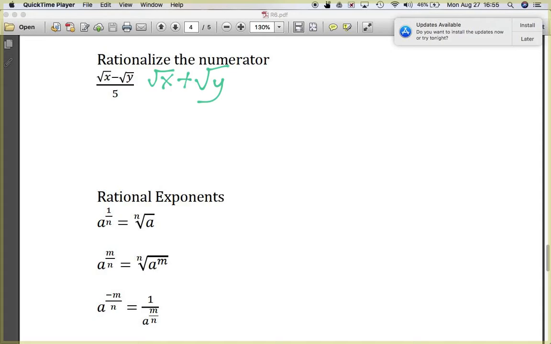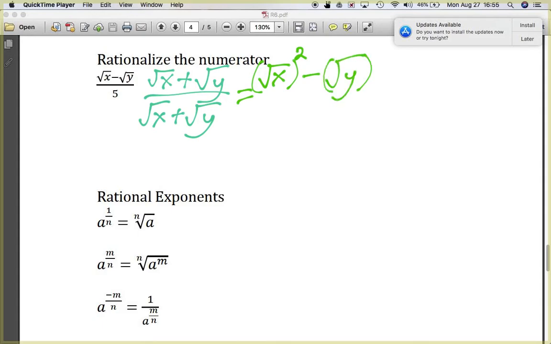So, anything we do to the top, we have to do to the bottom. Hopefully you remember I mentioned this. When multiplying conjugates, this always happens. You end up with the first term squared minus the second term squared. That's what you get every time.